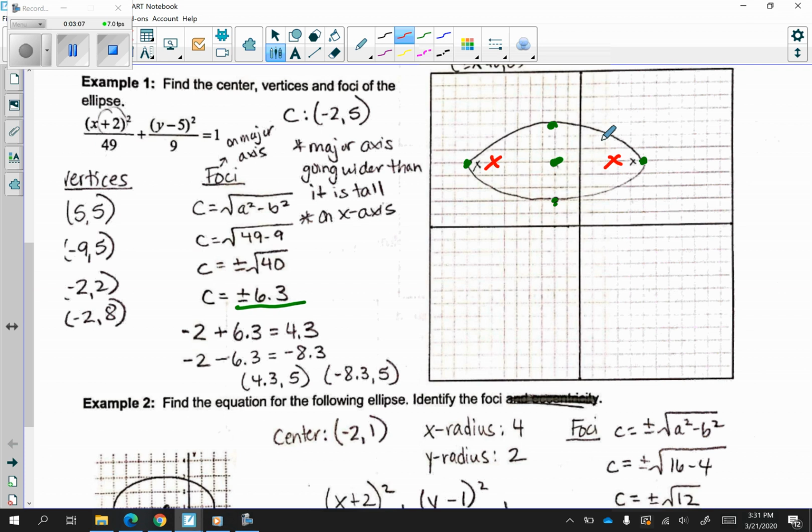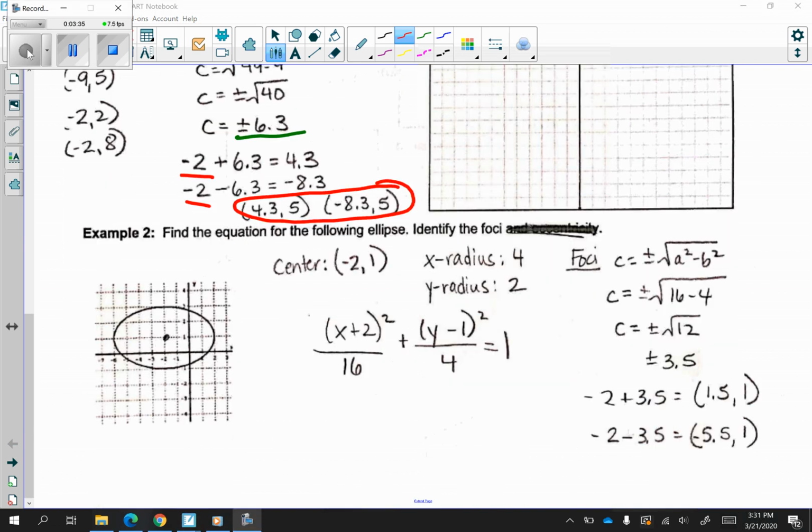So I have to take my x value of my center, which is that -2, and add 6.3 to get 4.3, and take the -2 and minus 6.3 to get -8.3. So my 2 points are (4.3, 5) and (-8.3, 5), because the x value has changed, but the y value hasn't. So these are my foci points.